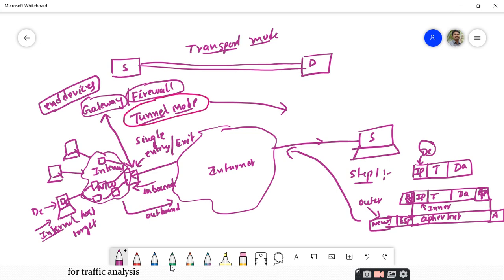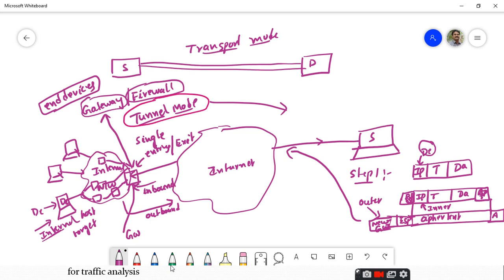The outer IP packet has only the IP address of this network, the gateway. Let us say the IP address is GW. The destination address is GW. Therefore, this outer packet is intended to deliver the packet up to this gateway only.